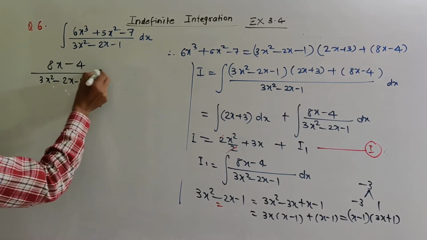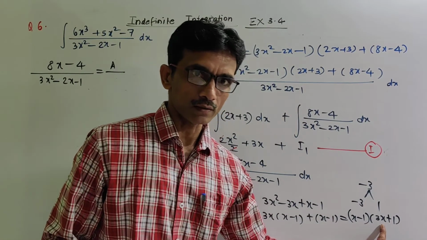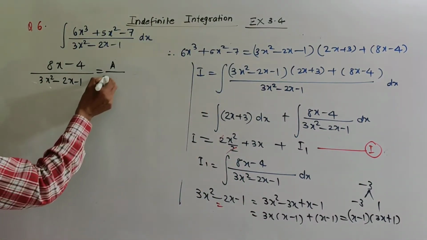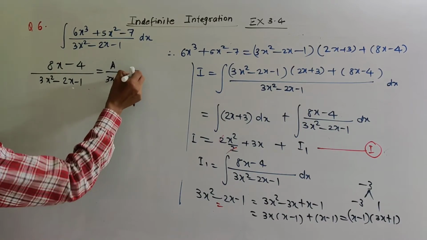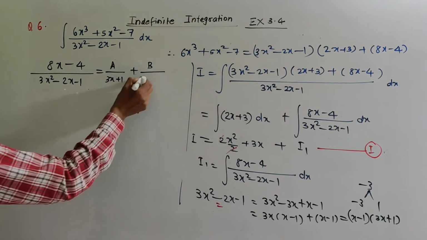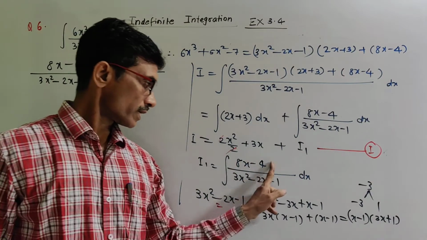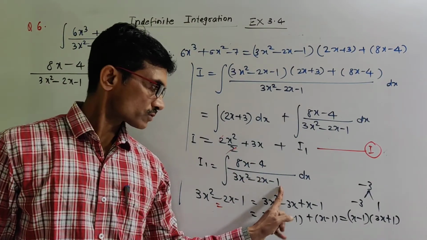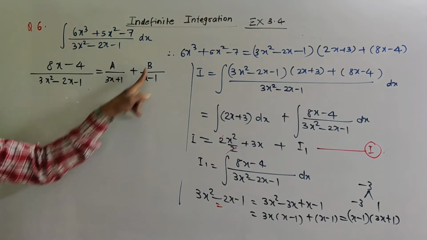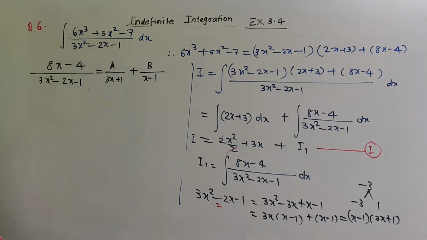This we can put in the partial fraction as a upon 3x + 1, one factor is 3x + 1, and another factor is x − 1. So this is the partial fractions of (8x − 4) upon (3x² − 2x − 1): a upon 3x + 1 and b upon x − 1. Now these a and b constants, we evaluate it.